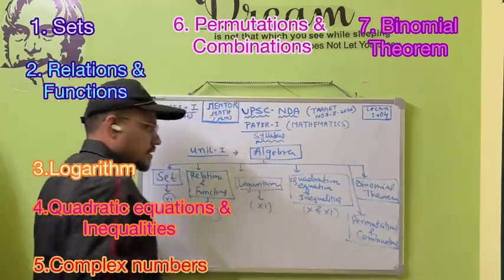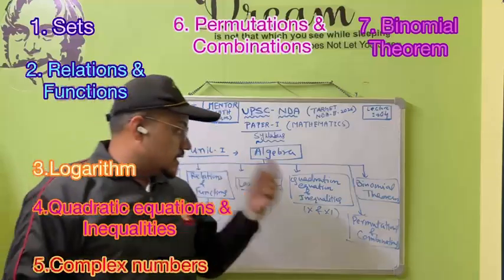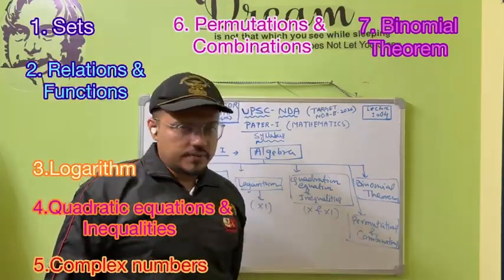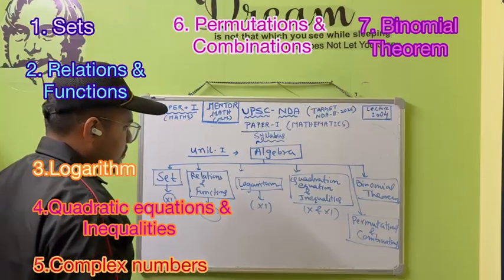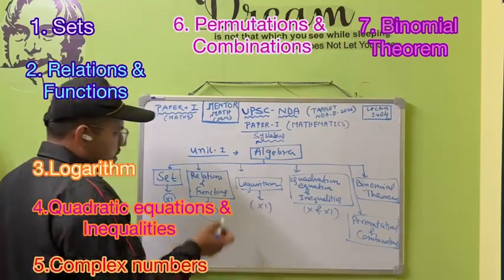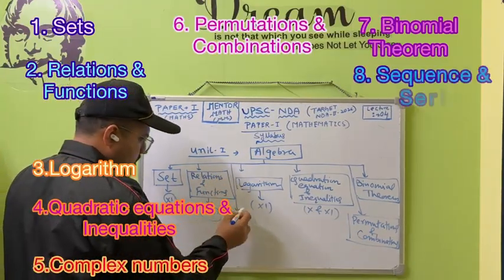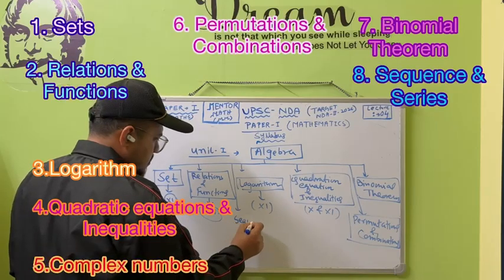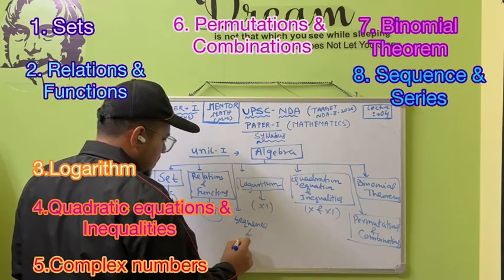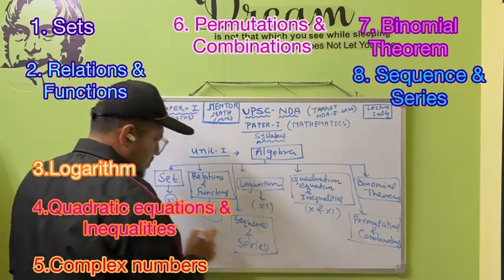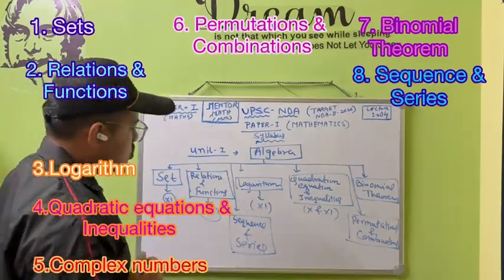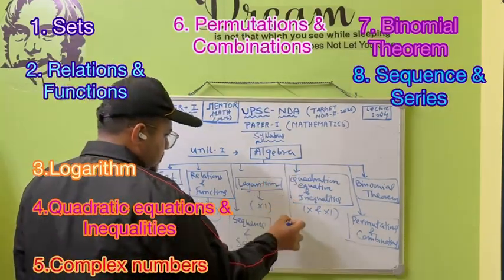After that you can study your binomial theorem, because there you can apply nCr, nPr and so on. Later on we will discuss this chapter. Another one, please note, is sequence and series, also very important in this algebra part.